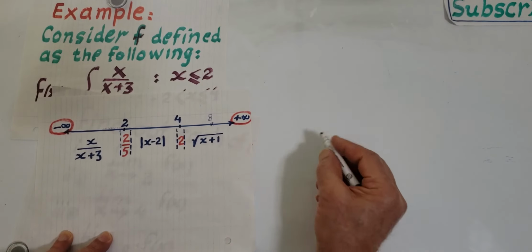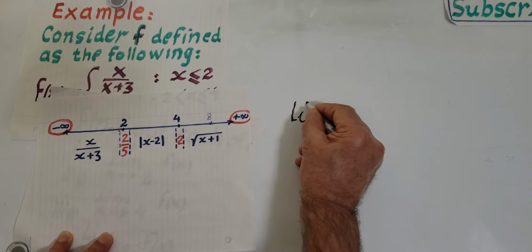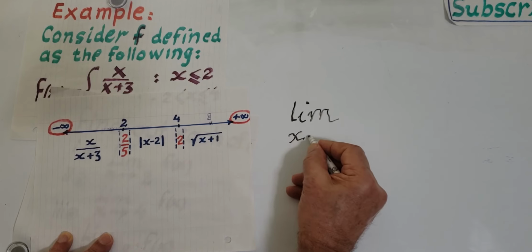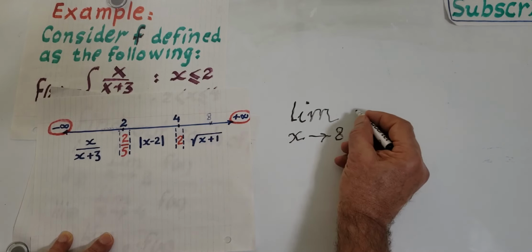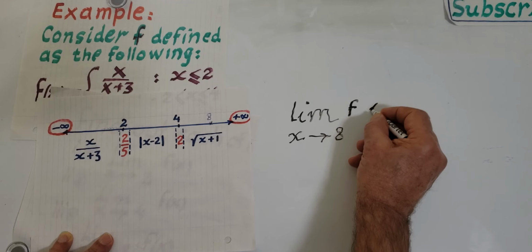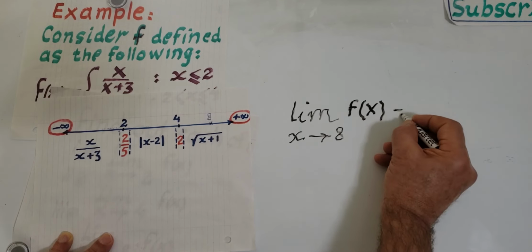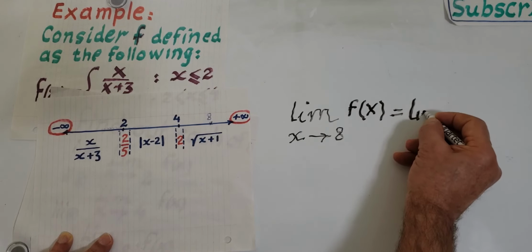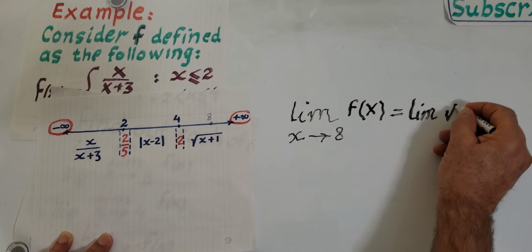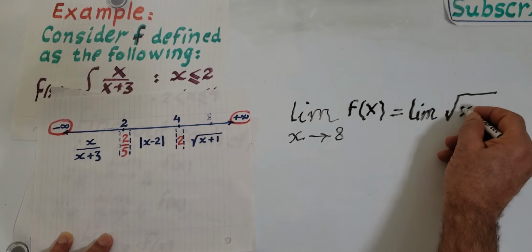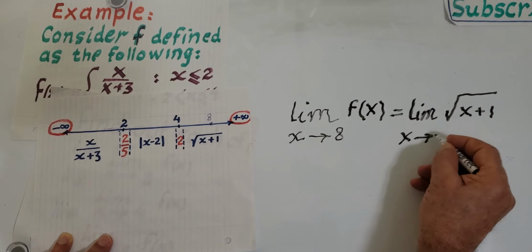We just discuss in one way, as you see here: the limit when x tends to 8 for f of x is equal to the limit of the equation square root of x plus 1 when x approaches 8.